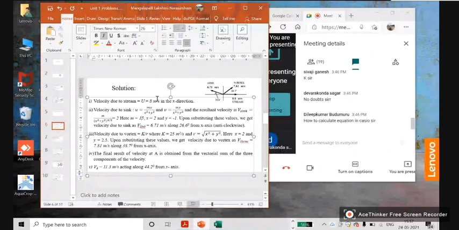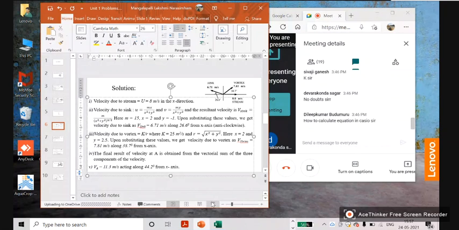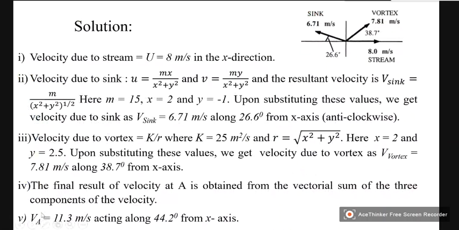So substitute m is equal to 15, x is equal to 2, and y is equal to minus 1. So you will get this value as 6.71.